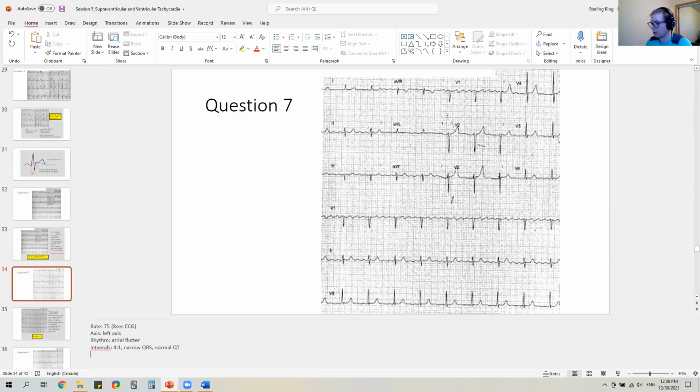All right. So hypertrophy, it's going to be hard to read any atrials. So skip atrial, ventricular.